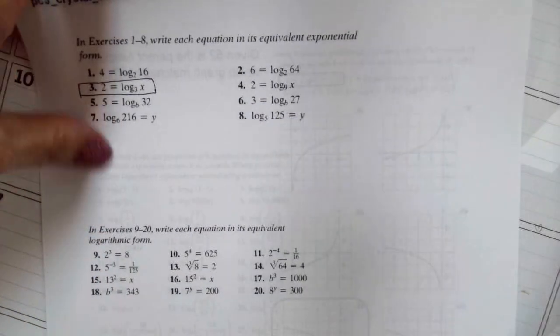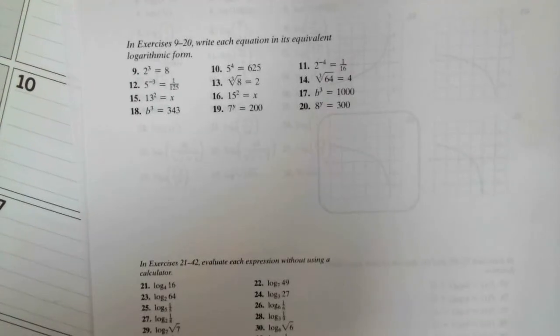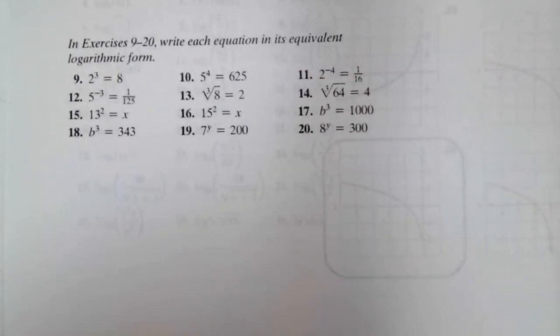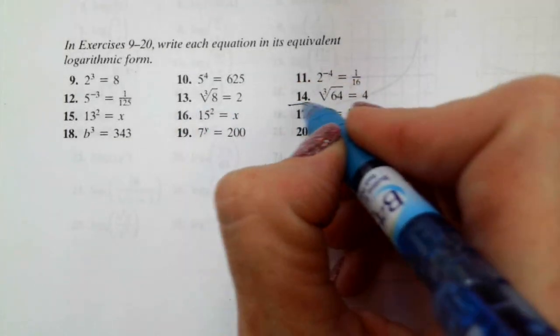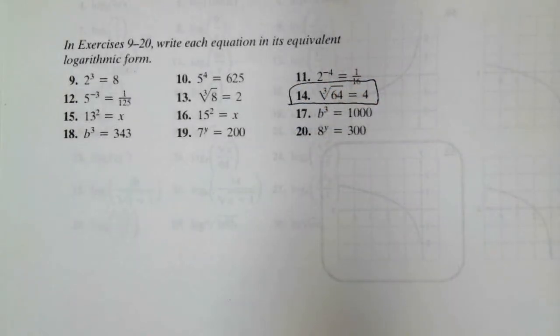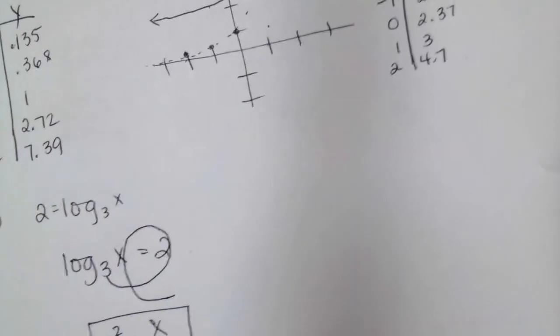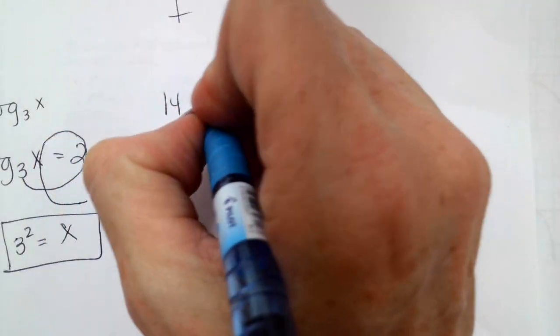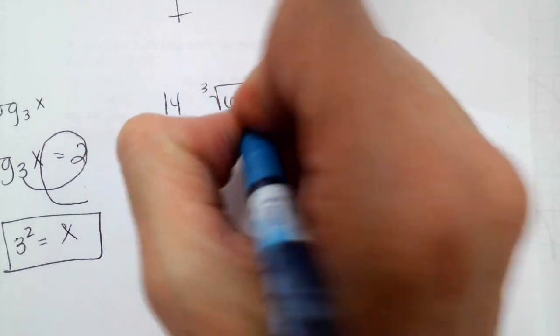All right, 9 through 20, you are writing each equation in its equivalent logarithmic form. So now for this one, we are going to take it from exponential and put it into logarithmic. So let's do 14. Okay, so for number 14, cubic root of 64 is 4. We know this is a fact.